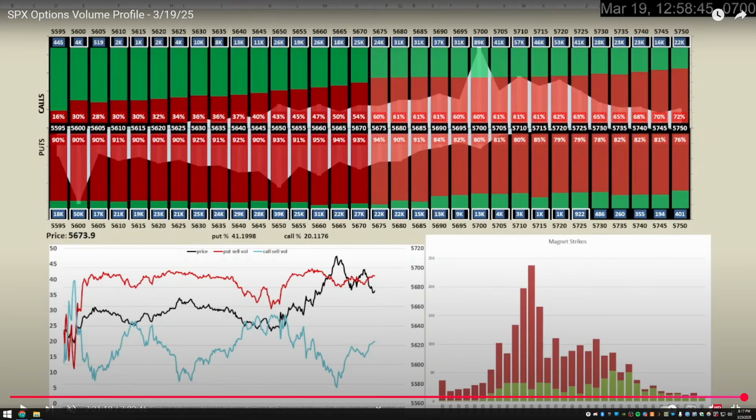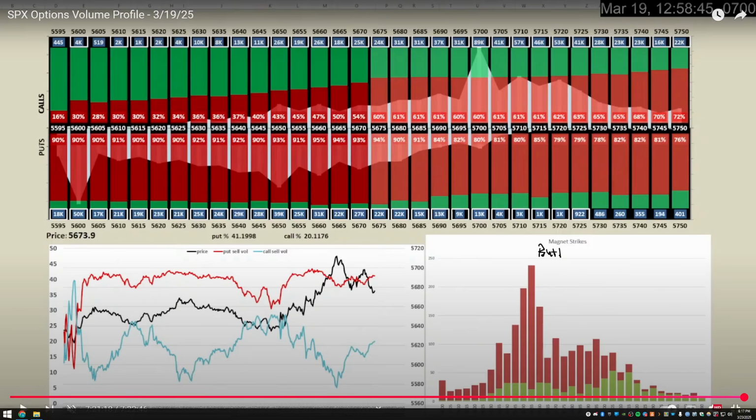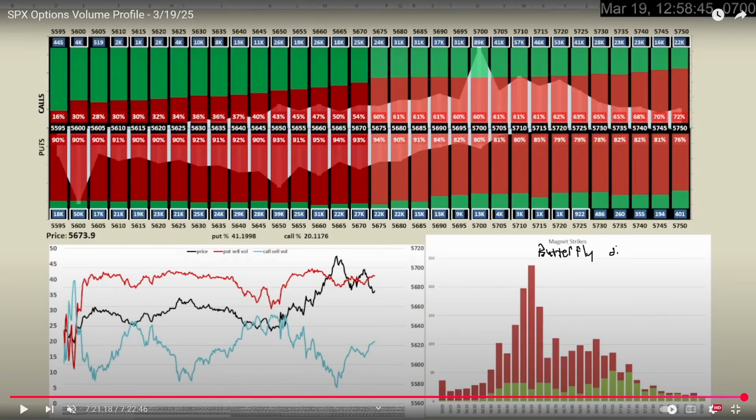So that's the bottom left and the top. This right one over here called magnet strikes is simply butterfly OI over volume.